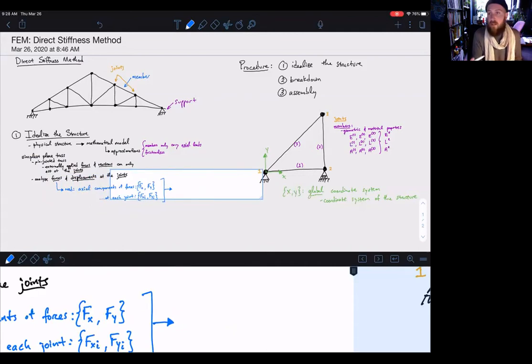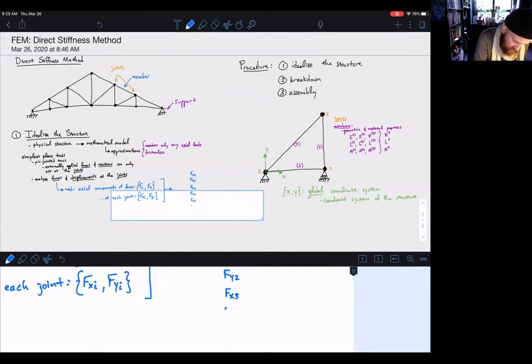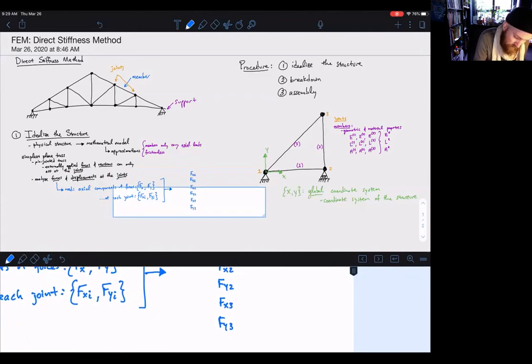So this column vector should have 6 entries. So we would expect it to have F of x for the first node, F of y for the first node, F of x for the second node, F of y for the second node, and then again F of x for the third node, and F of y for the third node.